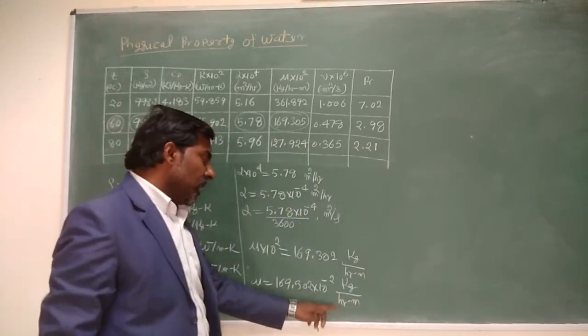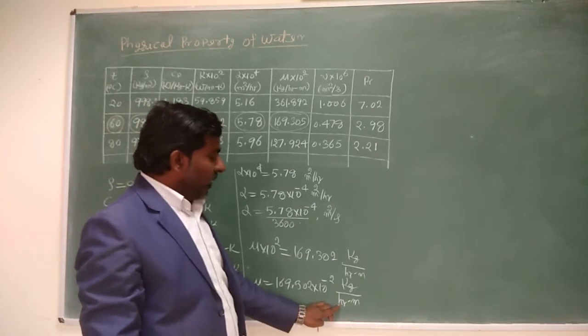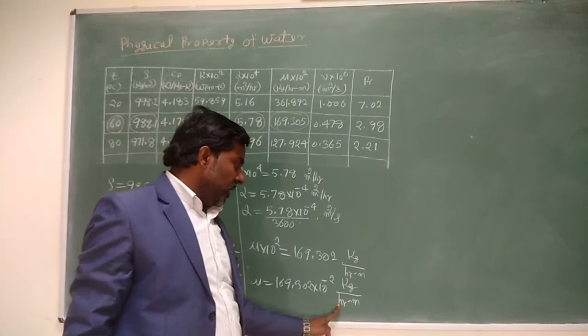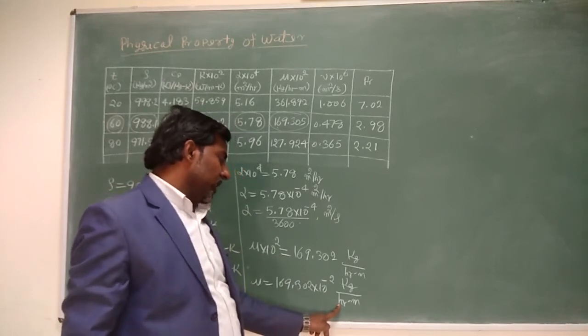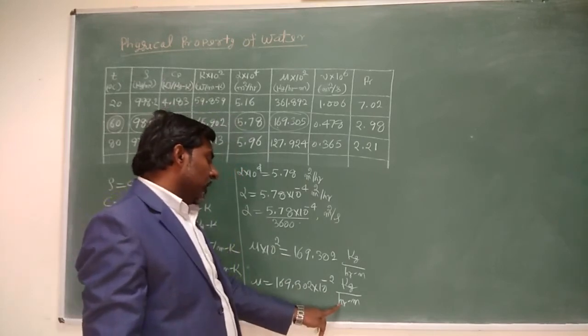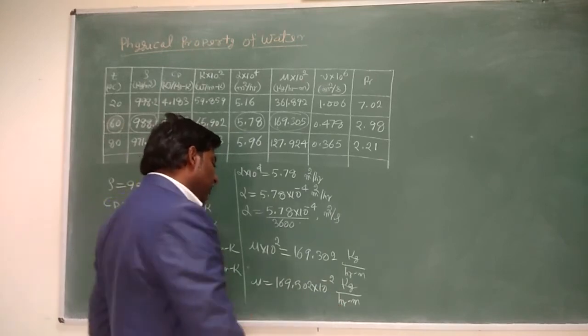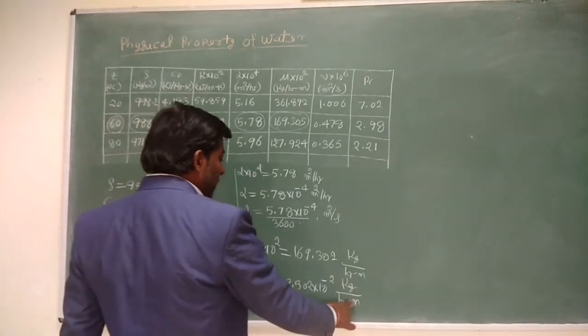But again I am telling that hour should be converted into second. Generally you are calculating in SI unit, so that hour should be converted into second, meaning 1 hour is equal to 3600 seconds. So you have to divide by 3600 to convert into kilogram per second meter.